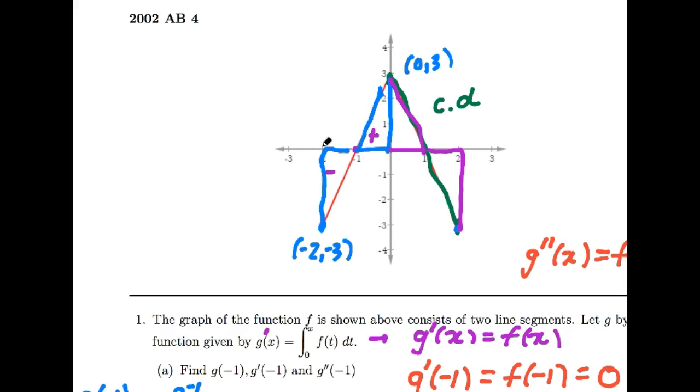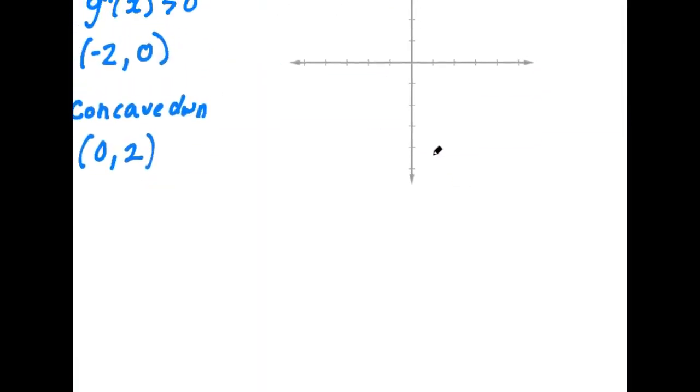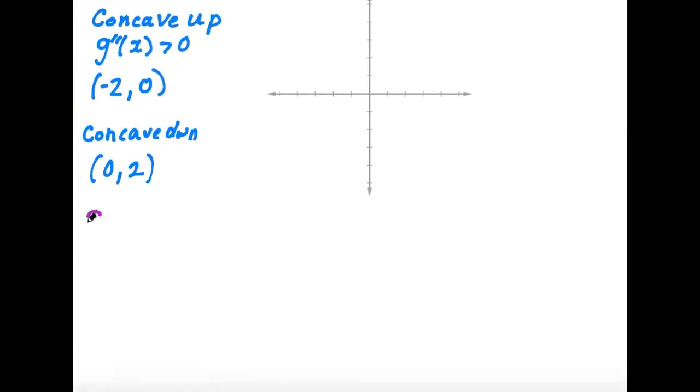They're the same. From negative 2 to 0, it's going to be 0, and same thing here. So when we add some extra values, we know that g of negative 2 is going to equal 0. We know that g of 2 is going to equal 0 based on those triangles from above that I drew.